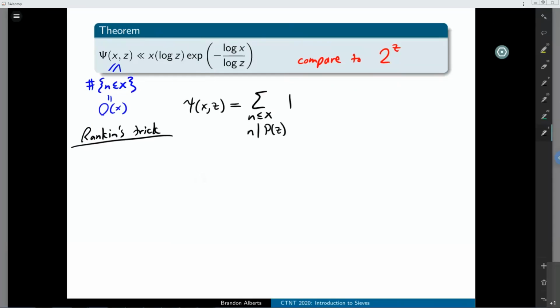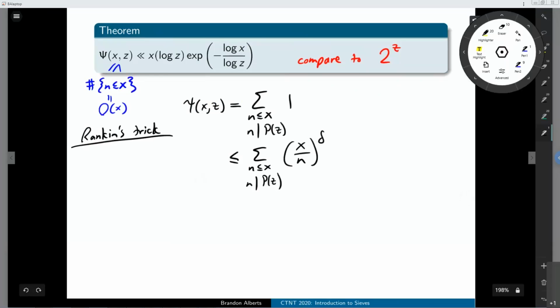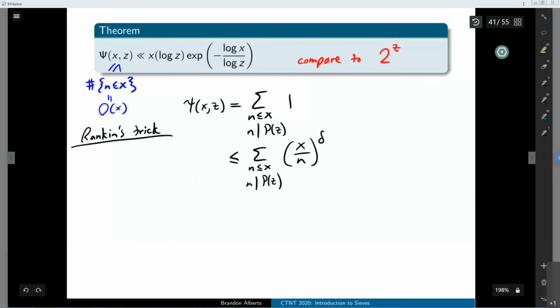And then we're going to say, well, let's actually bound this above by something that looks like this, where delta is something bigger than 0.